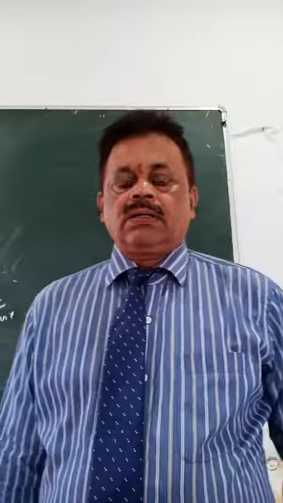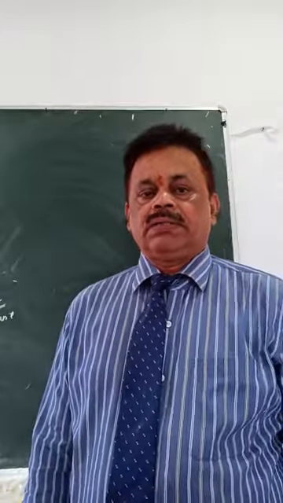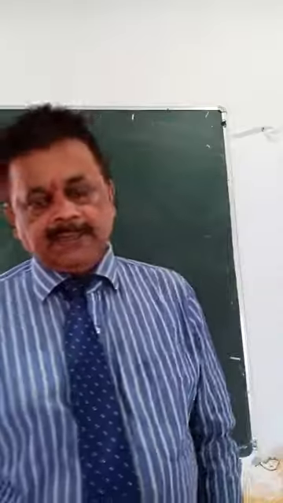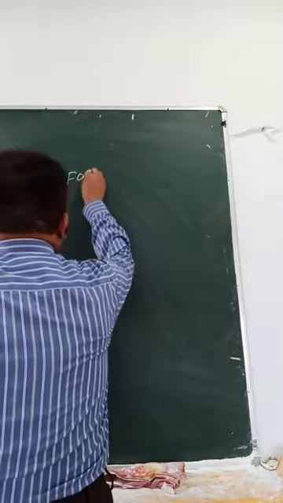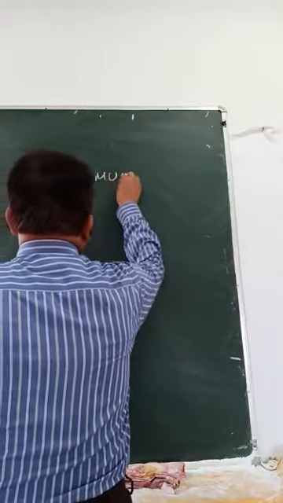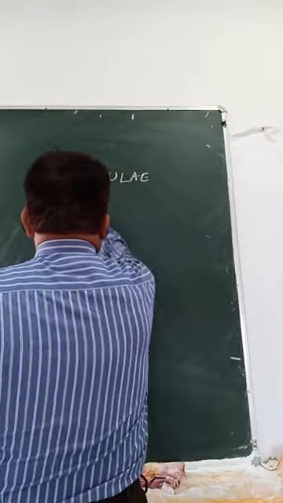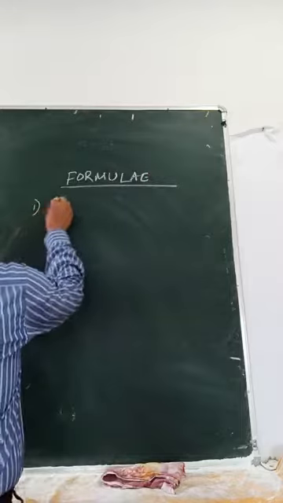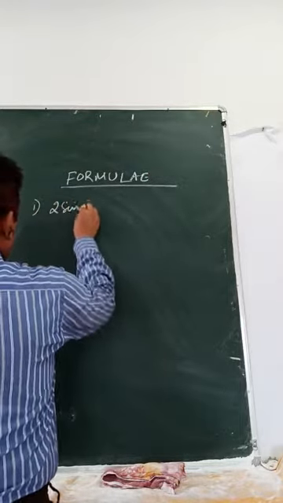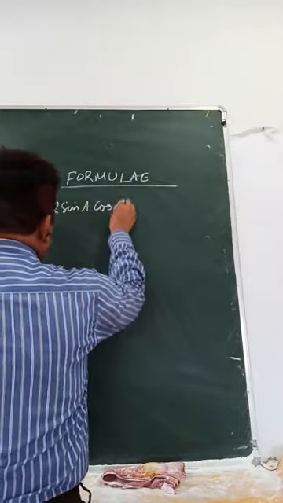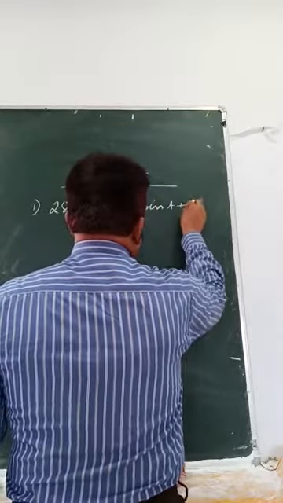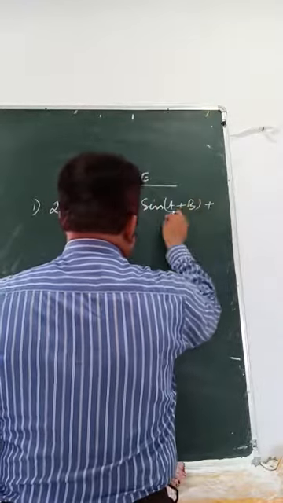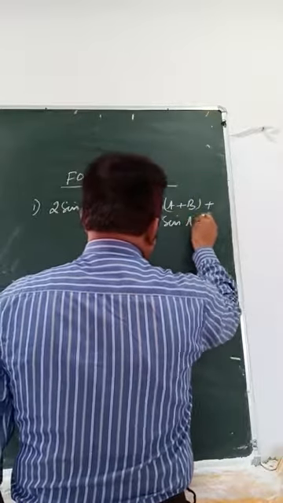So we'll continue with trigonometric functions integrations. See a question. Before that, write out the formulas. First one is 2 sin A cos B equals sin(A plus B) plus sin(A minus B).